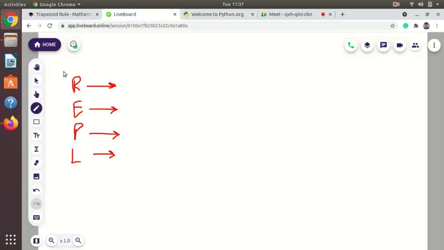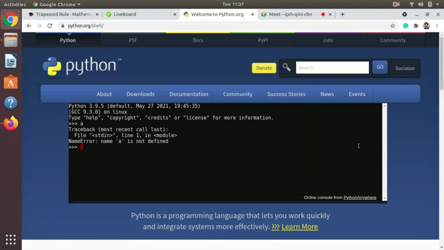So this is basically the REPL process. When we are directly using Python, or in case you use the terminal in Linux, or I guess PowerShell in Windows, it looks the same. So this is called REPL.